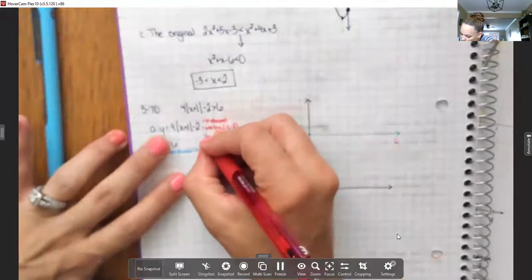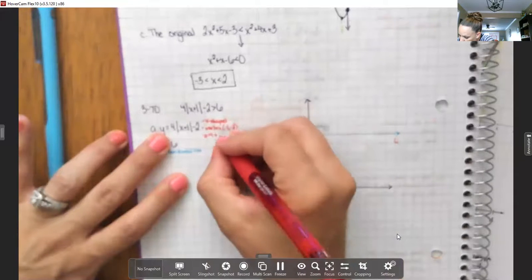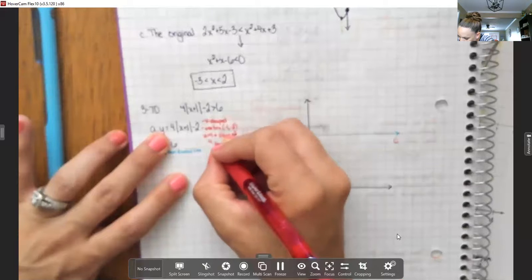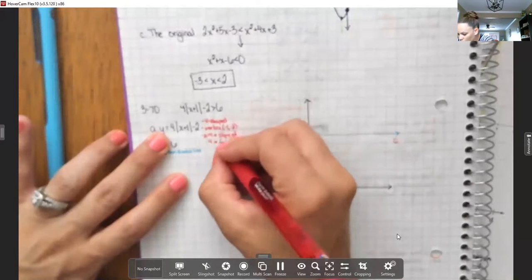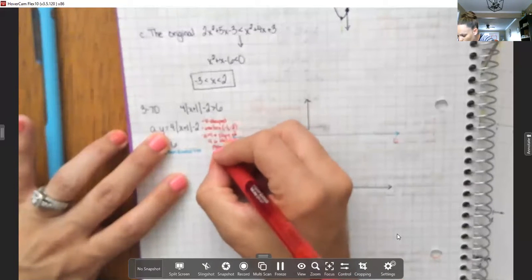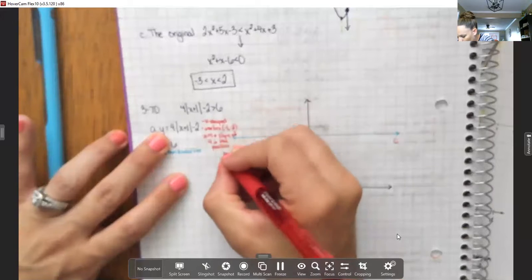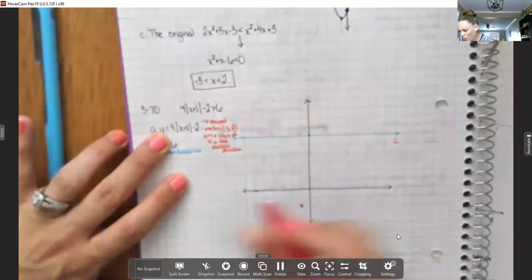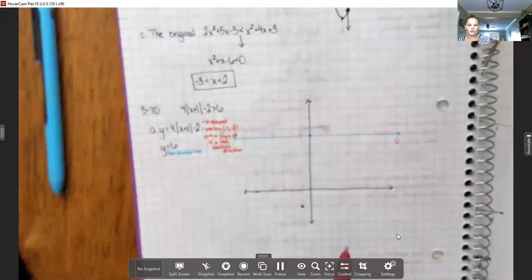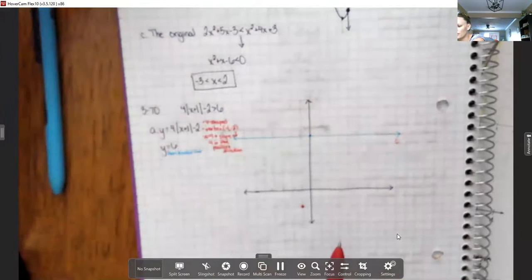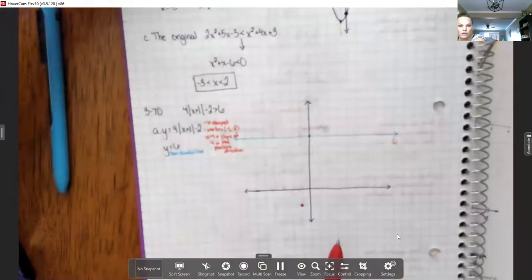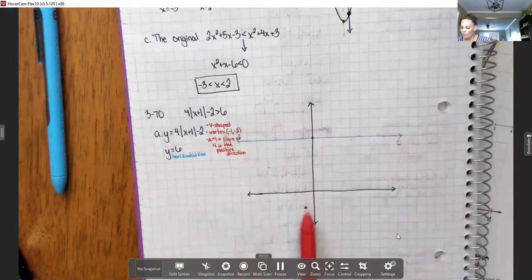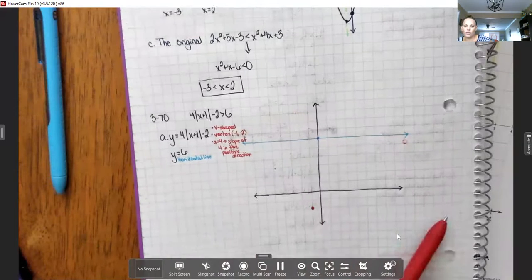And then since a is 4, that tells us it has a slope of 4 in the positive direction, going to the right.